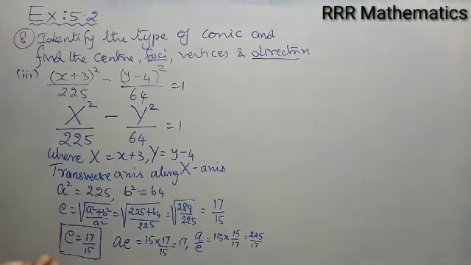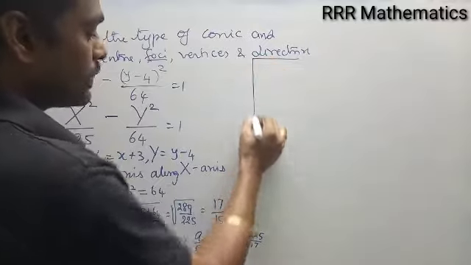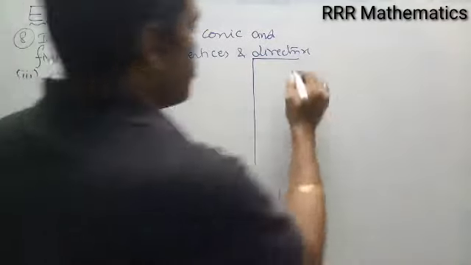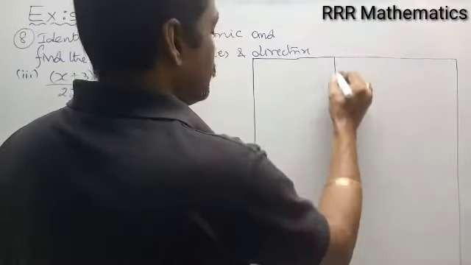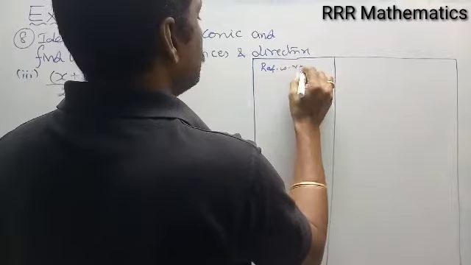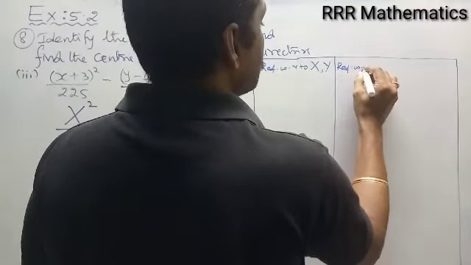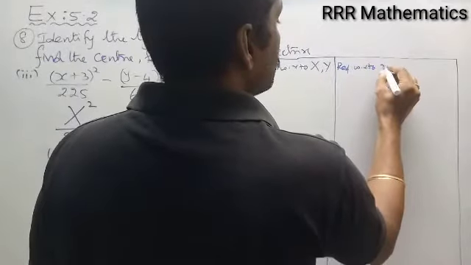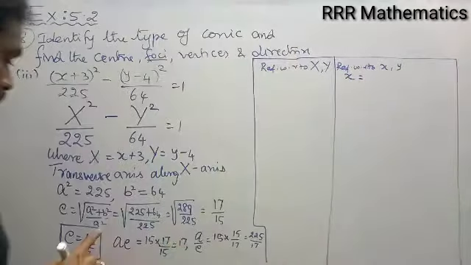Is it clear? So prepare a table with respect to capital X and capital Y. First column, reference with respect to capital X, capital Y. Second column, reference with respect to small x, small y. So what is small x?